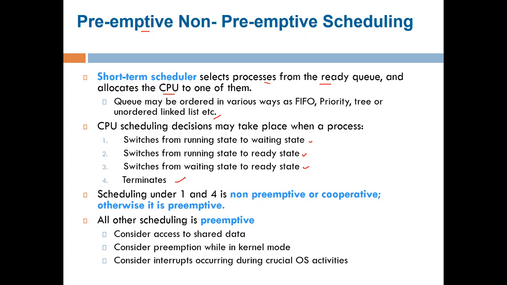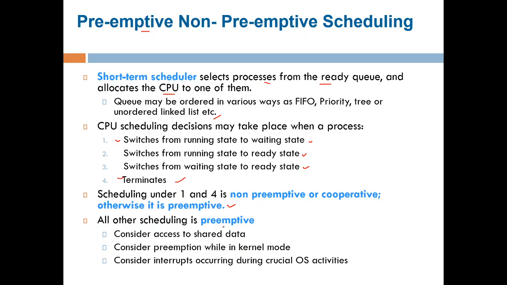Scheduling under situations 1 and 4 is non-preemptive, or cooperative. That is, there is no choice in terms of scheduling; a new process must be selected for execution. Otherwise, it is preemptive. Preemption is nothing but stopping the process in between.